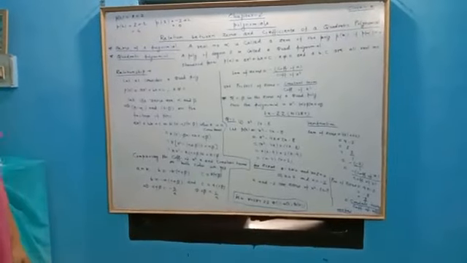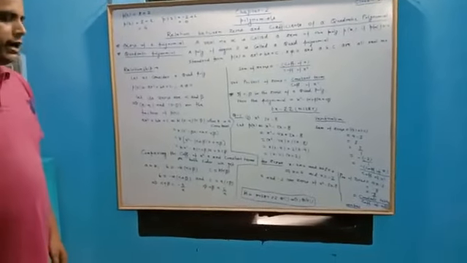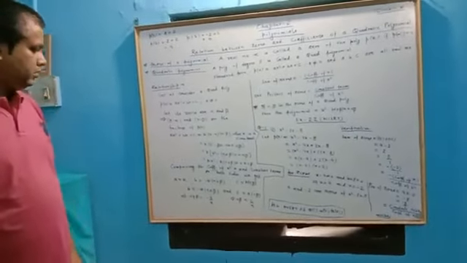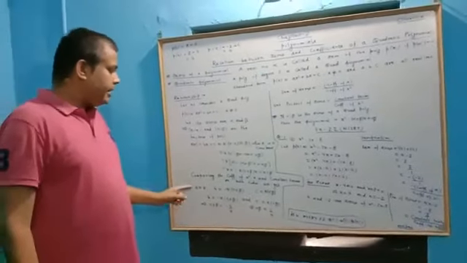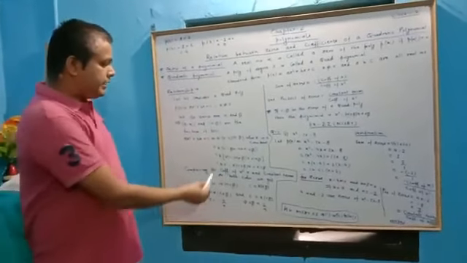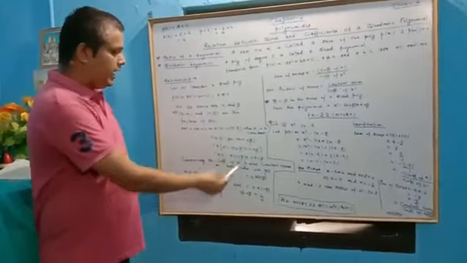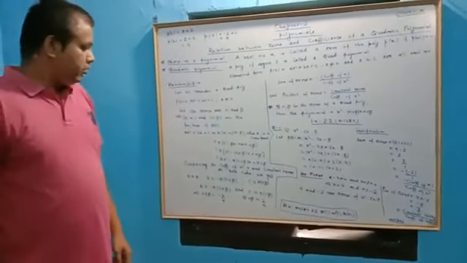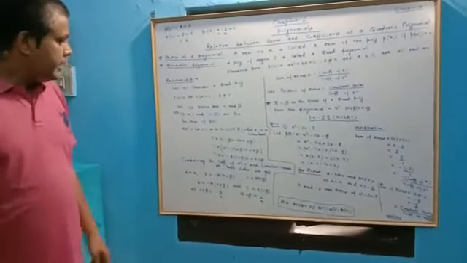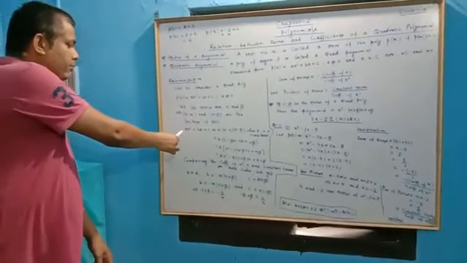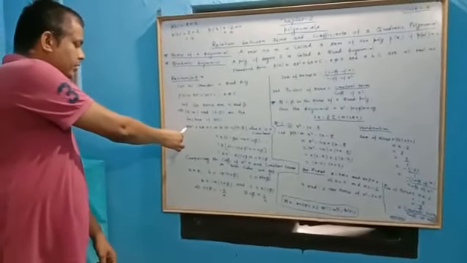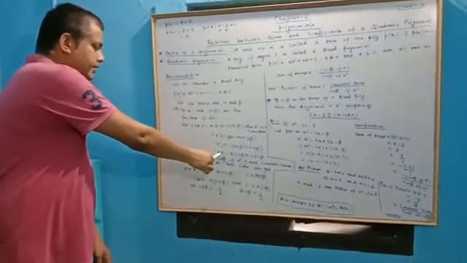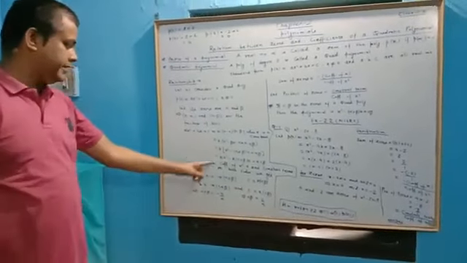We see that we can compare both sides, comparing the coefficients of x square, x and the constant terms on both sides. The coefficient of x square on the left is a and on the right side is k.